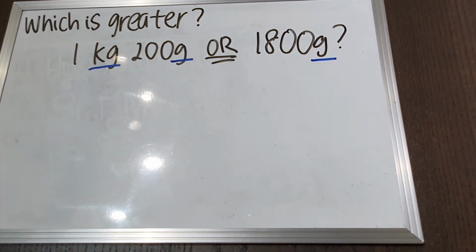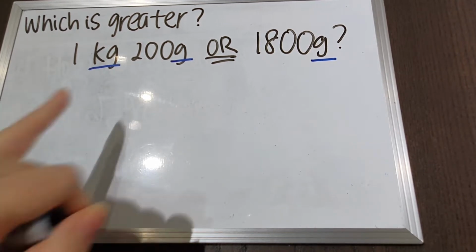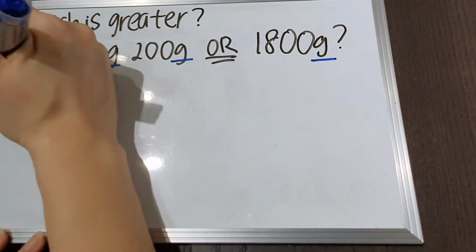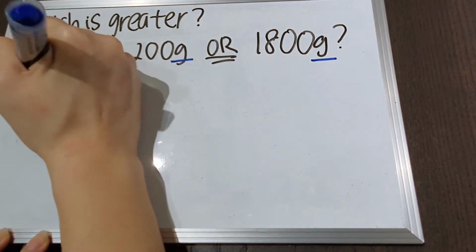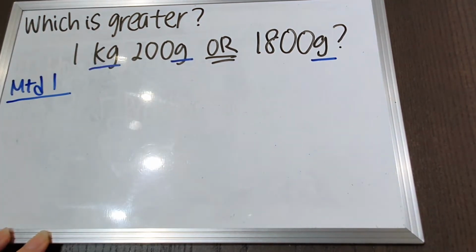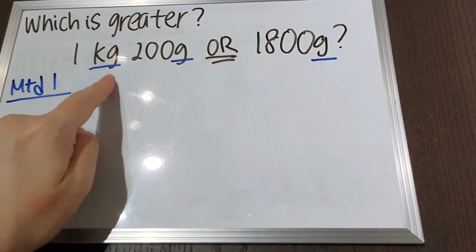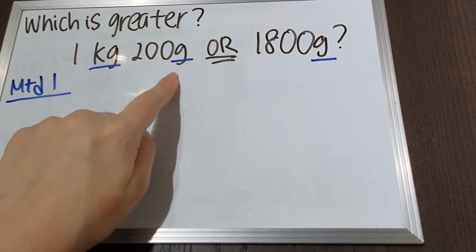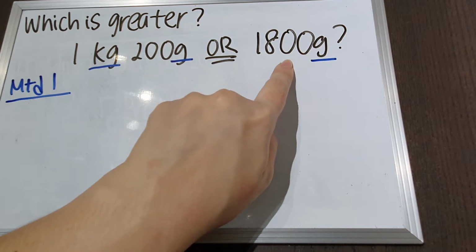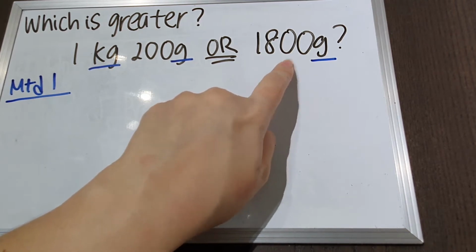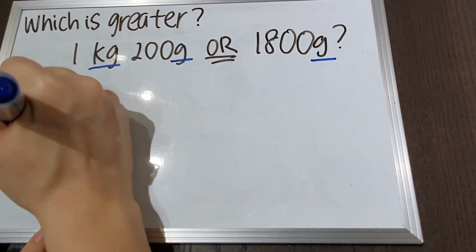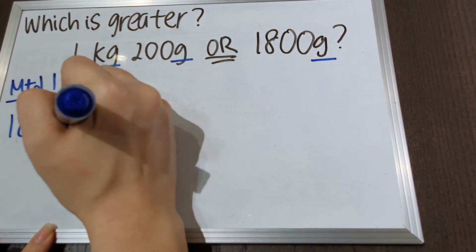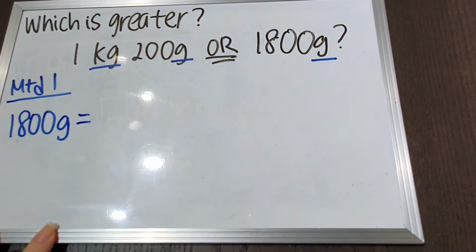So there are a total of two methods to do this. Regardless which method you choose, you just need to make sure that your unit of measurement for all your different options are the same. This is the first method. Method 1. Since I know that there is kg and gram here, I'm going to try to convert 1800 grams to kg and grams. So 1800 grams is equals to how many kg, how many grams?